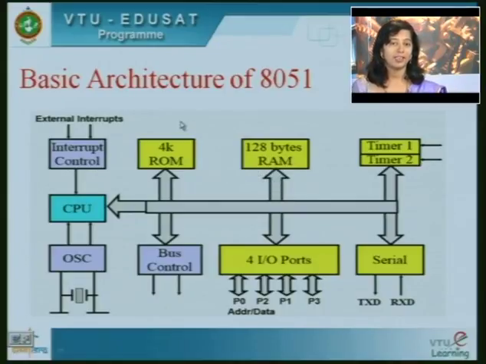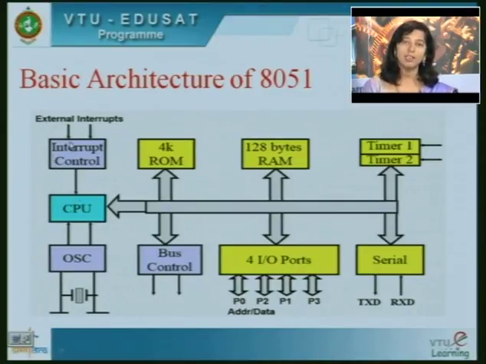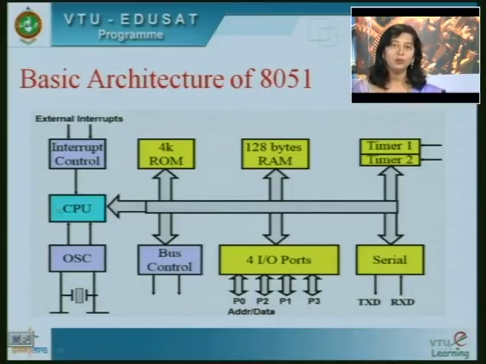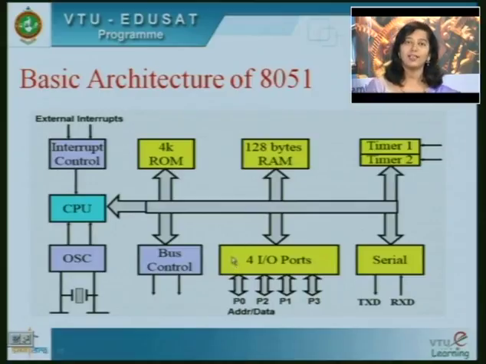Please remember this architecture. 2 16-bit timers with counts as the input, 128 bytes of internal RAM for temporary data storage, 4 kilobytes of ROM for program storage, interrupt control unit for 5 interrupts, 3 internal, 2 external, the CPU, the heart of the system, oscillator or a crystal connected to monitor all the timing, the bus control unit to monitor how different data flow on different connections or buses, 4 input output ports to take in inputs, data, address, everything, serial communication device, a UART it is called, for transmit and receive serially.